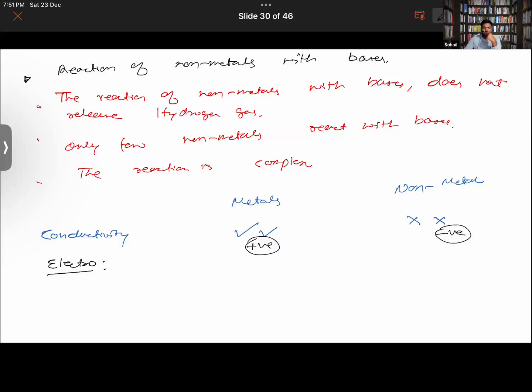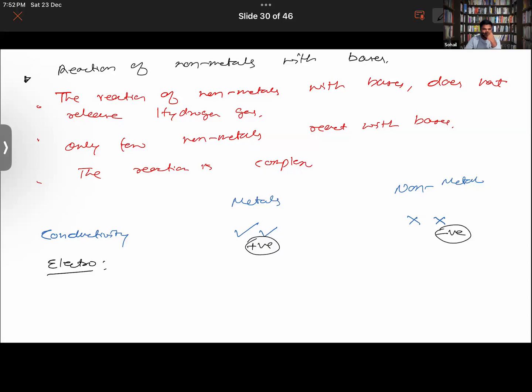We studied that metals can be drawn into wires. Metals can be hammered and beaten into sheets. When you hit metals with a hammer, they produce sound, that is, they are sonorous in nature.